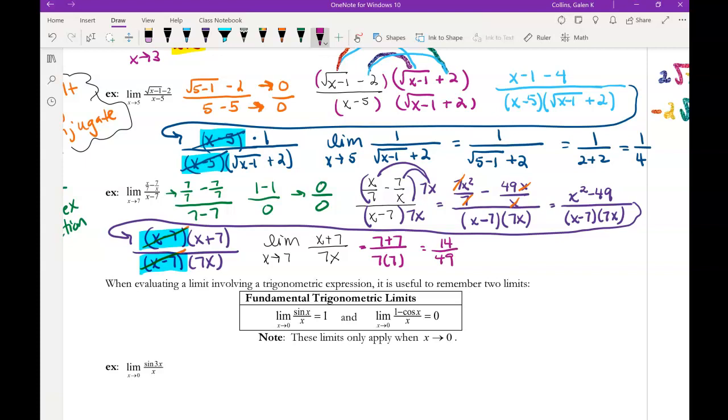And since those have a common factor of 7, we could reduce this to 2/7. So that's our final answer. This limit exists. The value of the limit is 2/7. However, the original function would have a hole in the graph at x equals 7. So it's not continuous. However, the limit does exist.